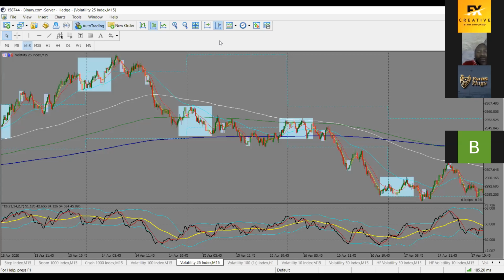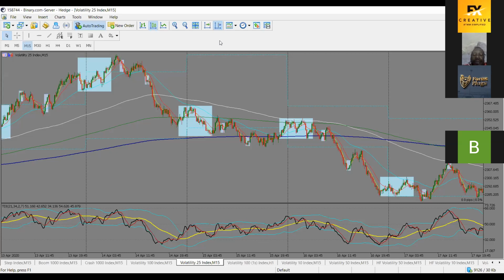Then someone is asking, how do you use patterns with indices if there are no sessions? But you can already see the template that he is using here has sessions and a TDI. He just removed the New York and the other sessions, but the sessions are already there. What we are simply saying, guys, is take the same knowledge that you know and use it anywhere.